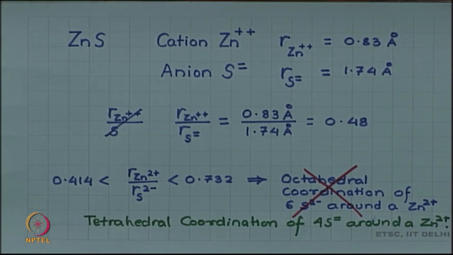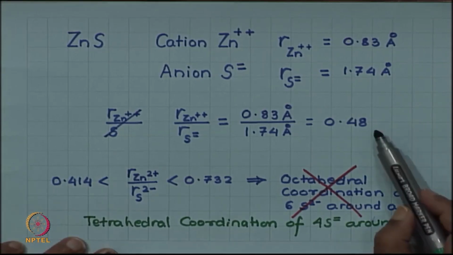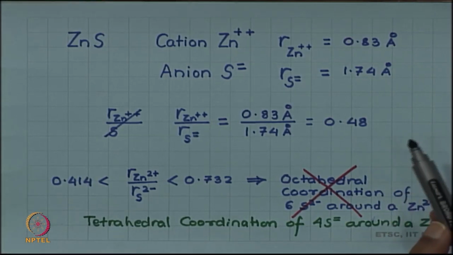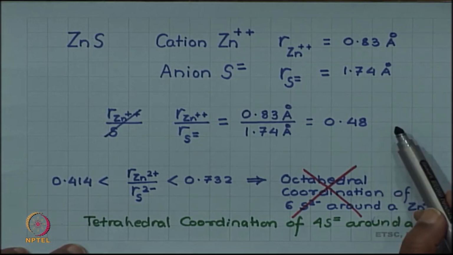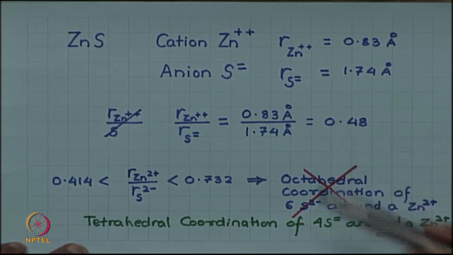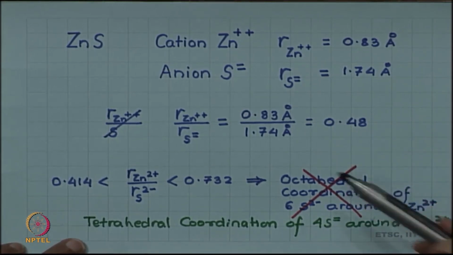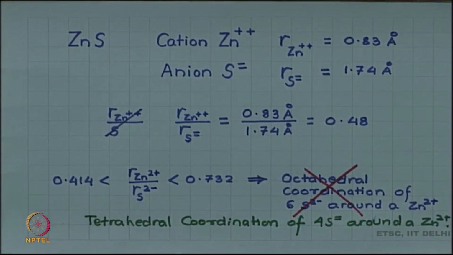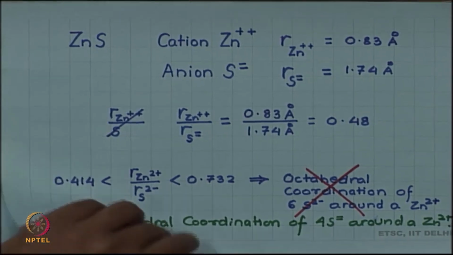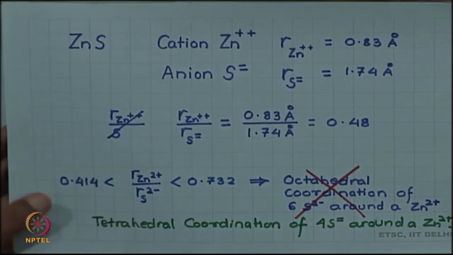So, this counter example shows that radius ratio is actually a rule of thumb. It is not some hard and fast rule which cannot be violated. In some cases, like zinc sulphide, we do not get the structure predicted by the radius ratio. Instead, we get a tetrahedral coordination of 4 sulphur around a zinc.